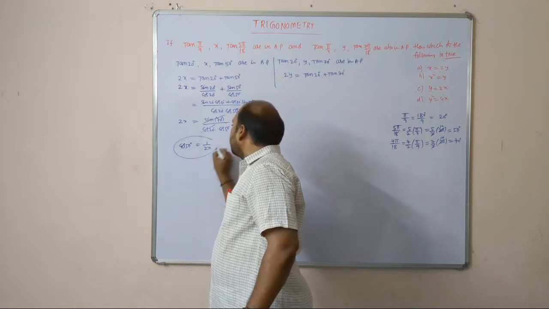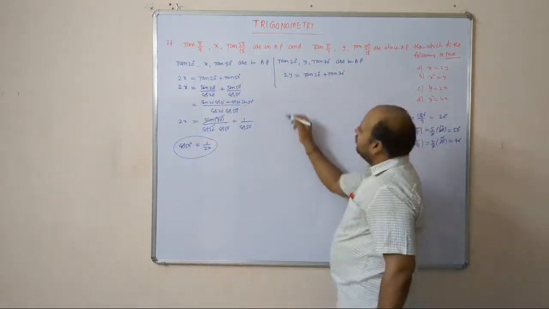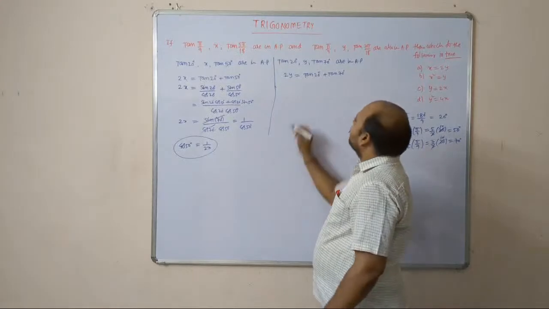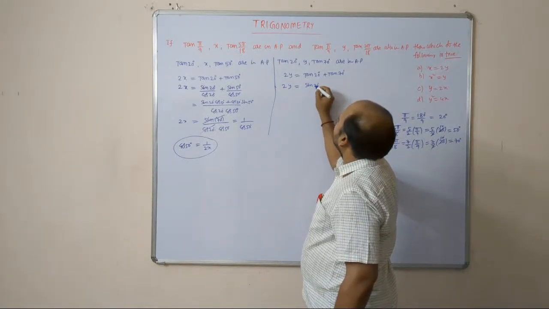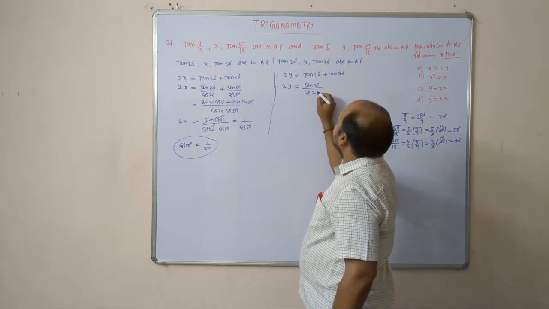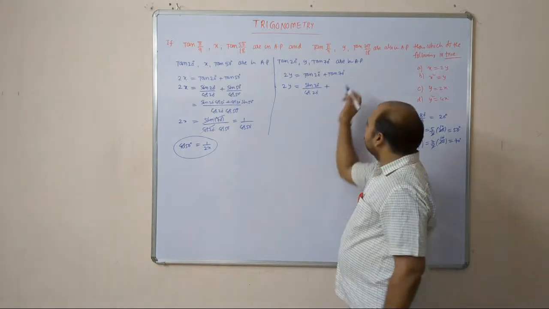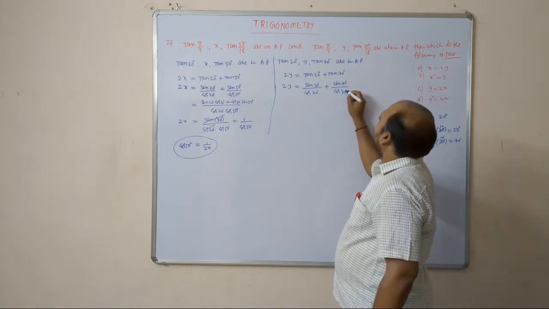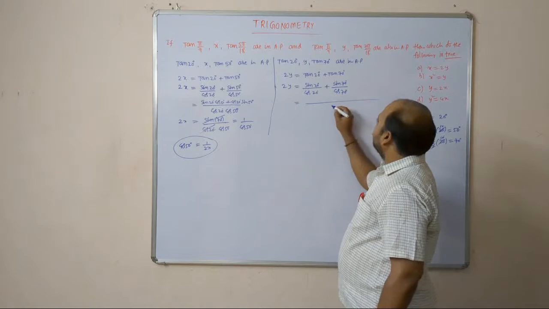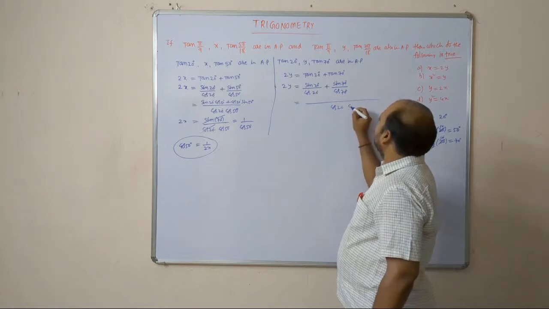Just put it in the box. This result we can use here, that 50. So for 2y, a similar method I am following. Sin 20 by cos 20 plus sin 70 by cos 70. Like this you can take the LCM and all. Cos 20 into cos 70.